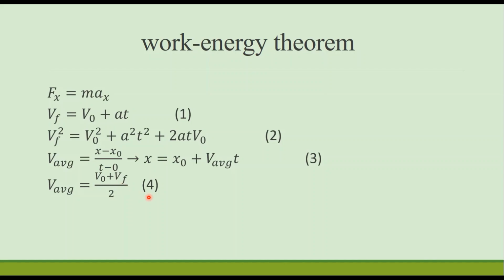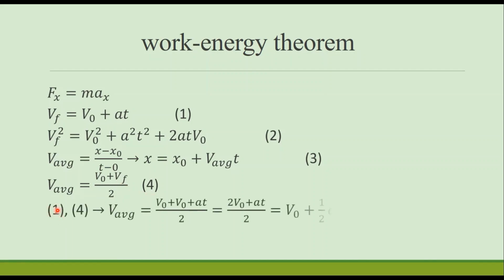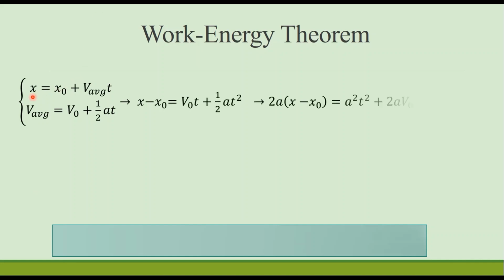It is shown in equation 4. Combining equations 1 and 4, we arrive at equation 5. It shows the relation of average speed with initial velocity, acceleration, and time. By utilizing equation 5 in conjunction with the derived equation 3, we can easily arrive at equation 6, as it is shown.